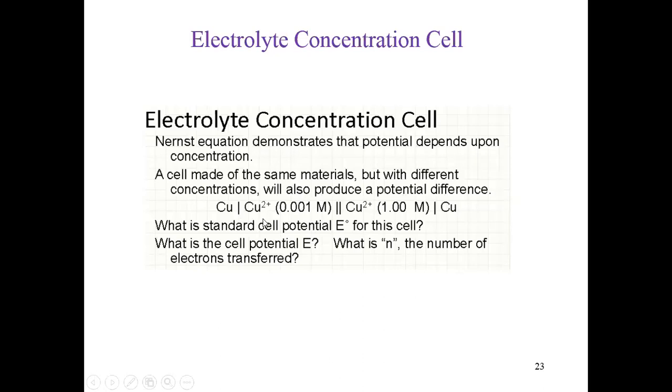For example, shown here is the cell notation of the electrolyte concentration cell, where the copper 2 plus electrolyte concentration is 1 molar in the cathodic compartment, and in the anodic compartment it is 10 raised to power minus 3 molar. So we need to derive the cell's EMF for these.